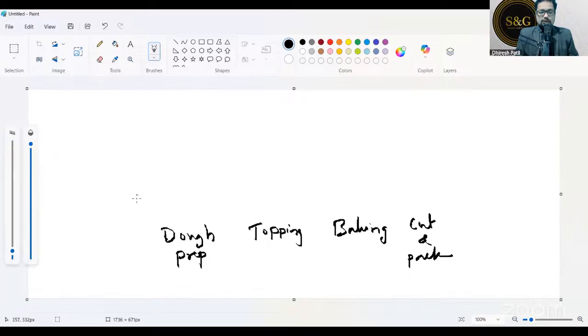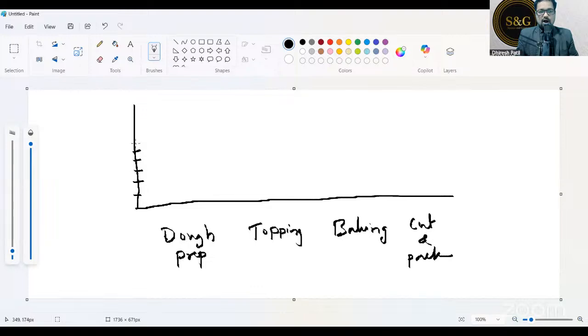Let me draw this. Let's say this is the base, and this is 1 minute, 2 minutes, 3, 4, 5, 6, 7, 8, 9, and 10. Let's say 10 minutes.